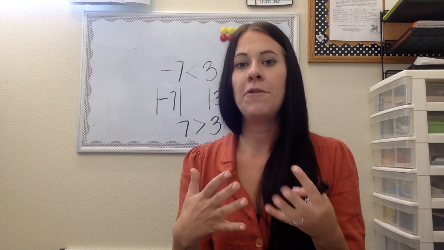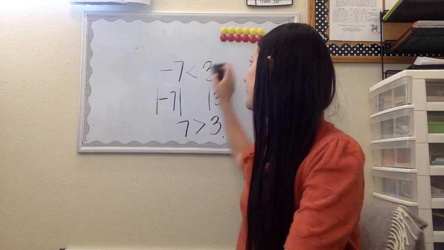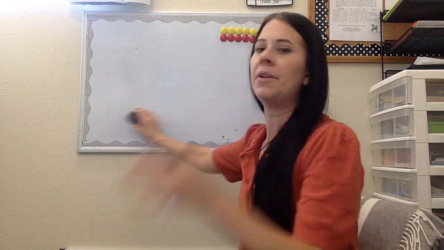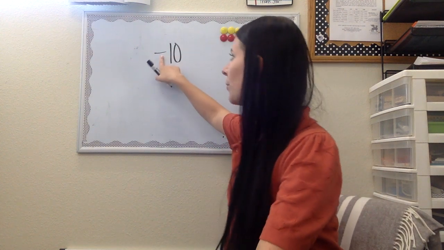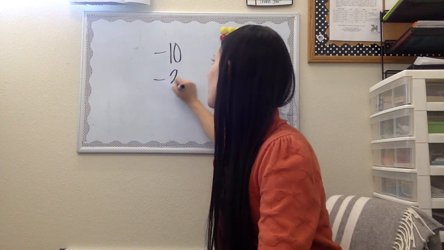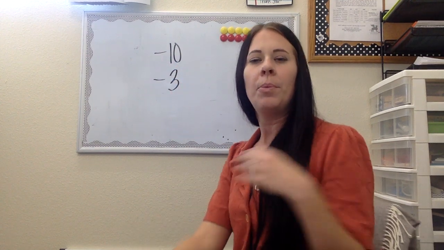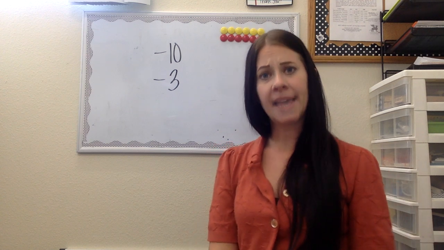So for instance, if you owe me money and I'm putting that on a form, I'm going to keep track of what you owe me. Maybe you borrow a lot of money from me. I could say you borrowed, that's what the negative means, 10. But when you're talking to someone, you're not going to say you borrowed negative 10.